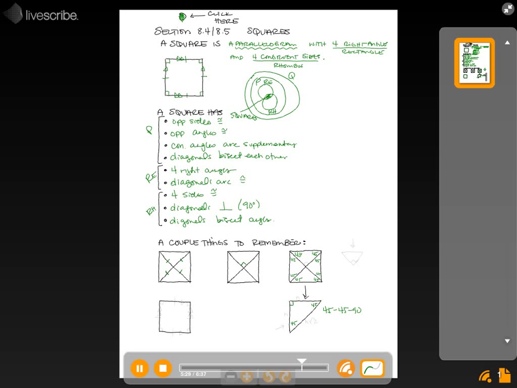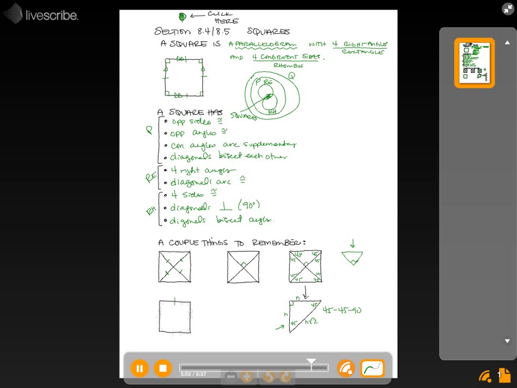Remember, this is n root 2, and these are both n because they're congruent. All right? We can have small ones. This part of the square is also a 45, 45, 90 triangle. Okay, this is half of a square, and this is a quarter of a square.